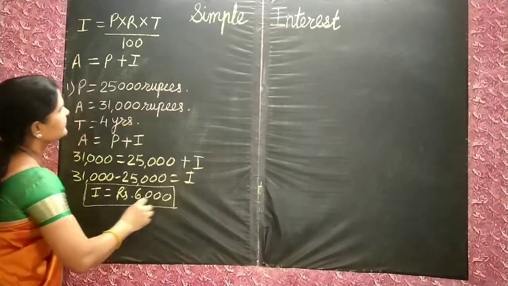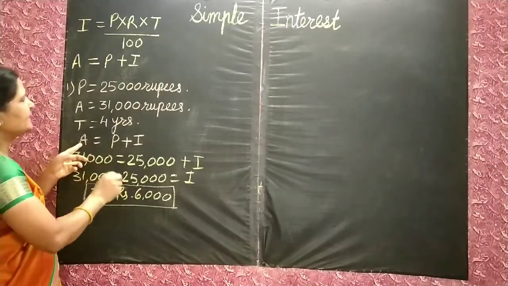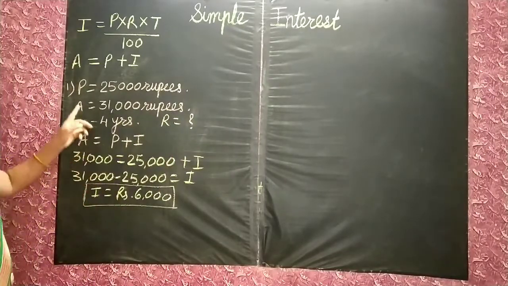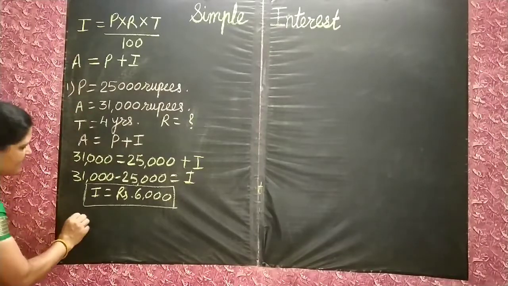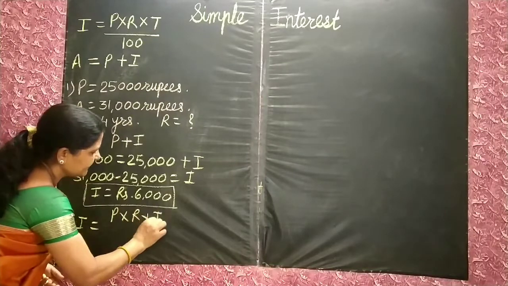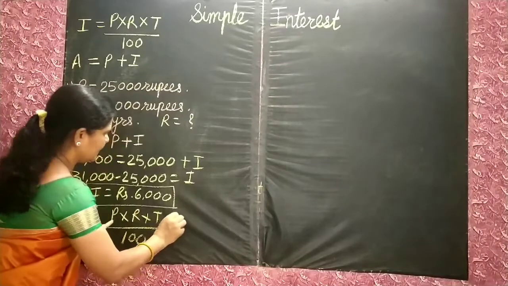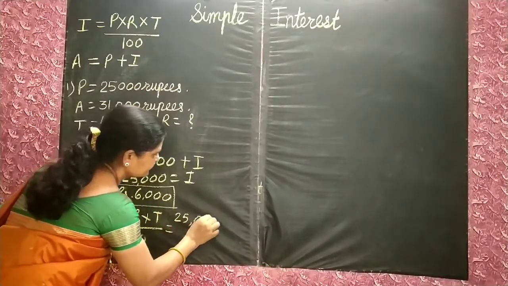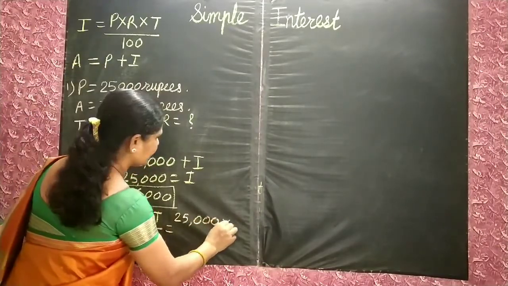But what do they ask you to find? They ask you to find the rate of interest. For that we are going to use this formula: I is equal to P multiplied by R multiplied by T upon 100. Put the values. Principal is 25,000. R is not given.